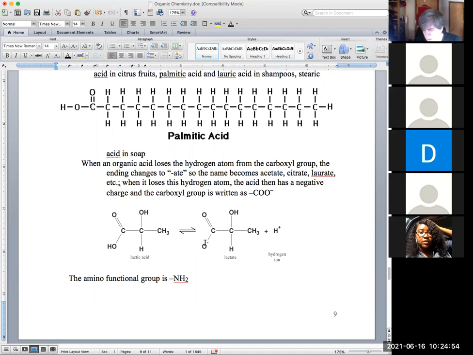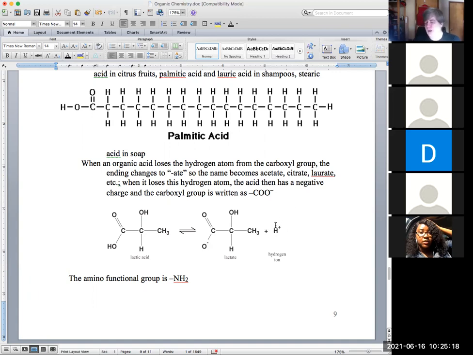So notice this is shown as O with a minus charge, because when the oxygen loses that hydrogen, remember the oxygen is sharing electrons with the hydrogen. The oxygen is stronger, it keeps that electron. So this oxygen has a negative charge because it has an extra electron, the one it stole from that hydrogen.